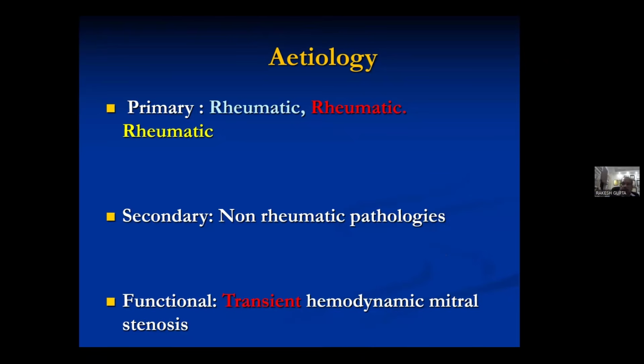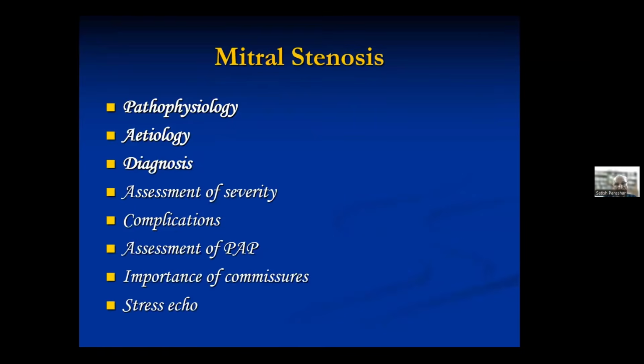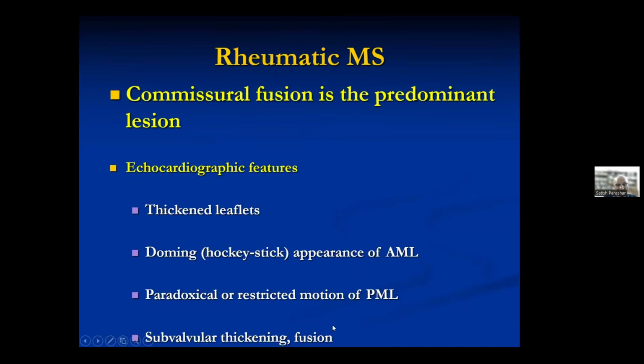Dr. Shikha, go ahead. Sir, this paradoxical movement of the valve on M-mode, can you please explain it again? In the rheumatic process, there is thickening of the chordae, papillary muscles and the leaflets, and there is restricted movement of the PML.